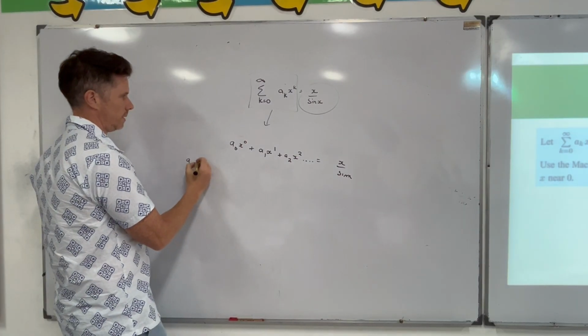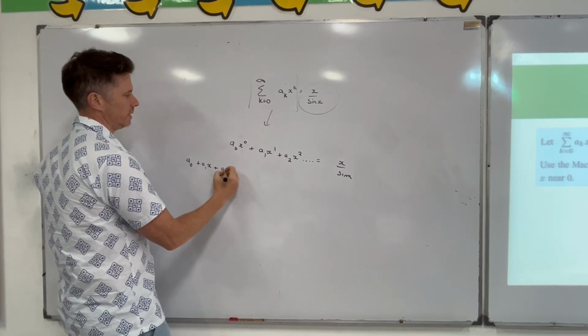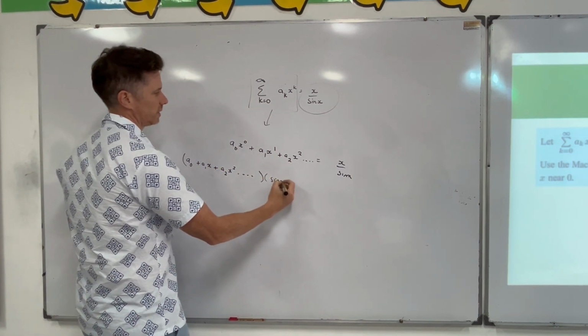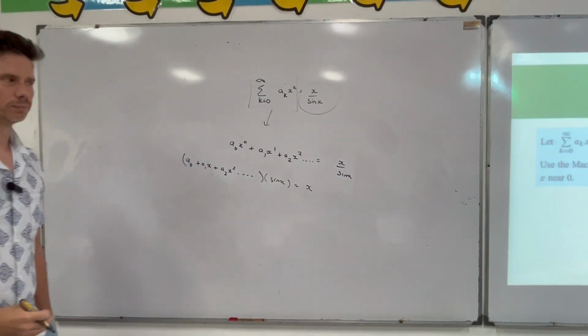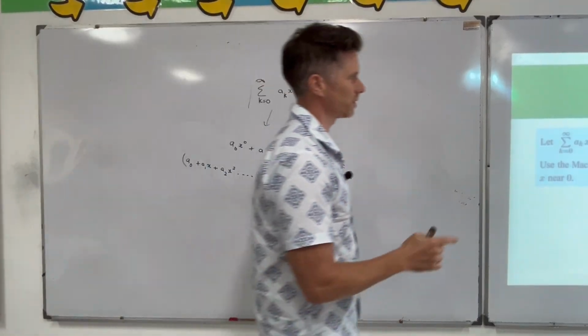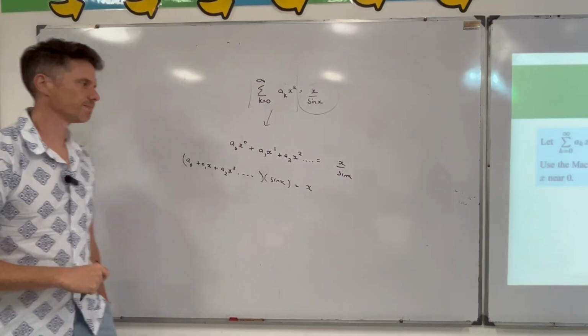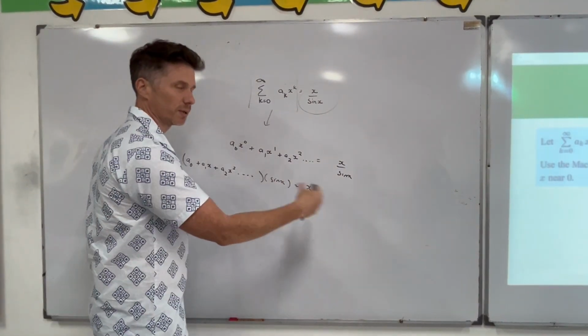A0 plus A1x plus A2x squared and so on multiplied by sine x is equal to x, yeah? Okay, use the Maclaurin series for sine x. We have a Maclaurin series for sine x, so I can replace sine x with the Maclaurin series.